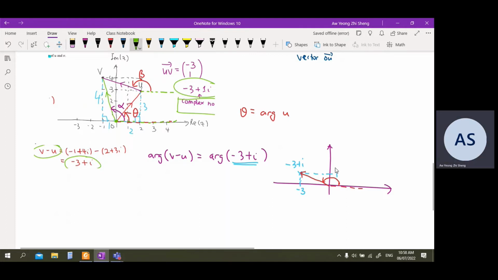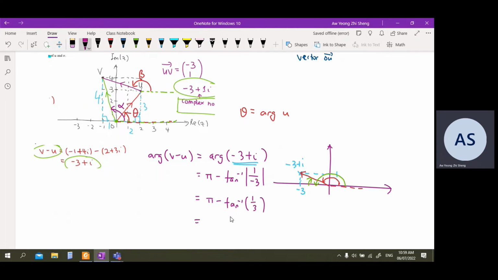According to the method we learned on page 14, we take 180 degrees and reverse by the basic angle. That will be pi minus inverse tangent of modulus y over x, where y is the coefficient of i and x is the real term. So you have pi minus inverse tangent of 1/3.